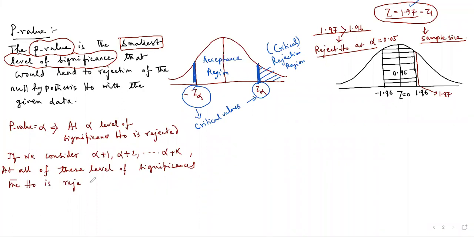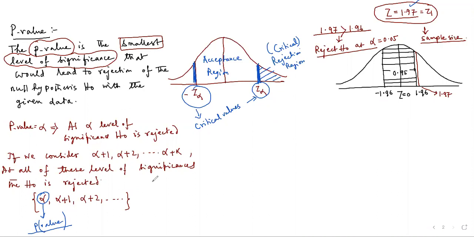It is quite obvious. So if I consider the set consisting of all these levels of significance, we know that at all of these the null hypothesis will be rejected. And this is the lowest member of the sequence. This lowest member is actually known as p-value. So we have got the lowest value of the level of significance at which the null hypothesis will be rejected.